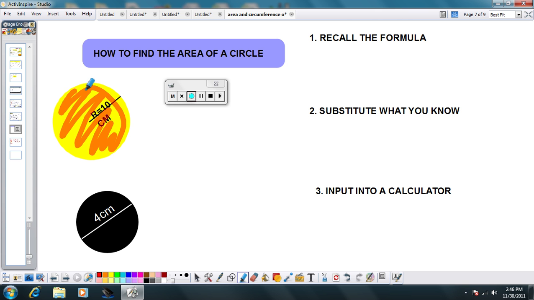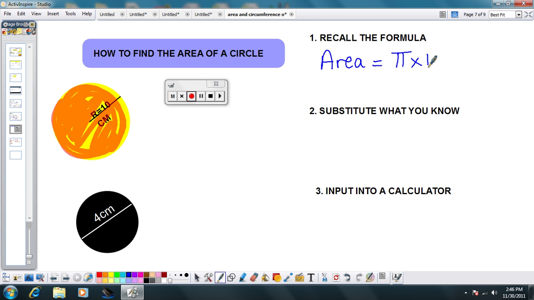Okay, so this is the space that I'm trying to figure out, all the yellow space basically that I'm covering right now. And to find this area we have to remember one formula, which is area is equal to pi times r squared.